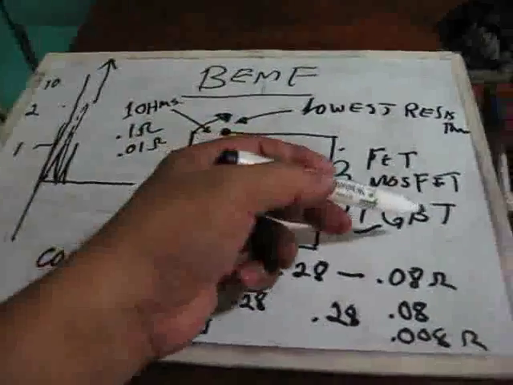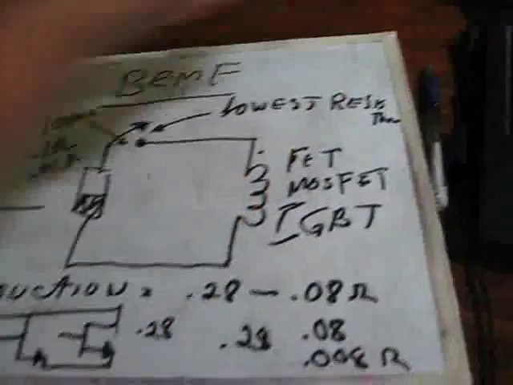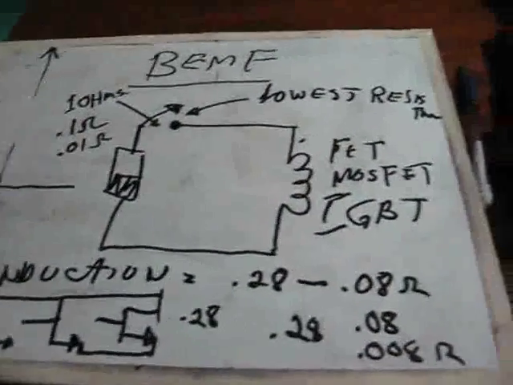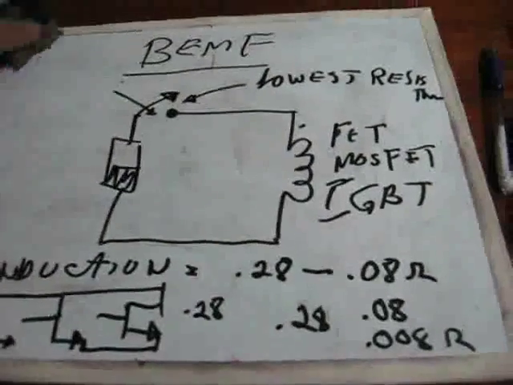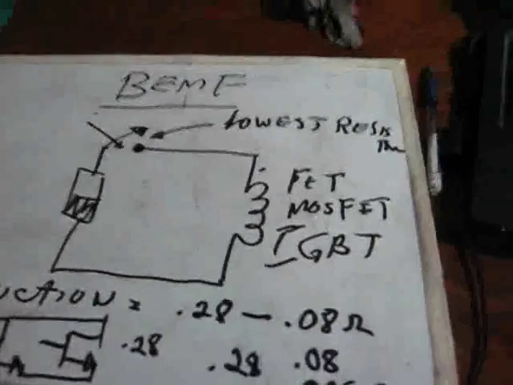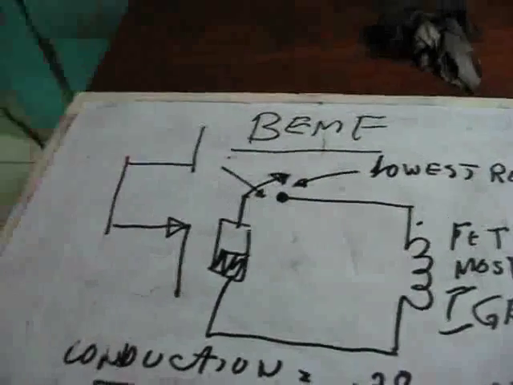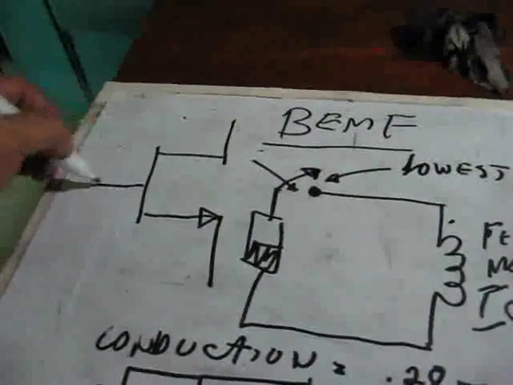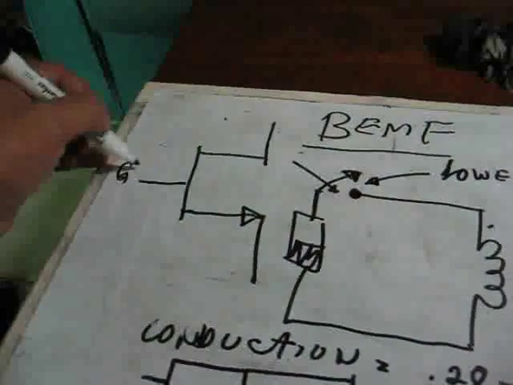Only the MOSFET and IGBT can do that. But there is also a problem. The more you create back EMF, there is a weakest link in the IGBT and the MOSFET. Let's say this is the gate.